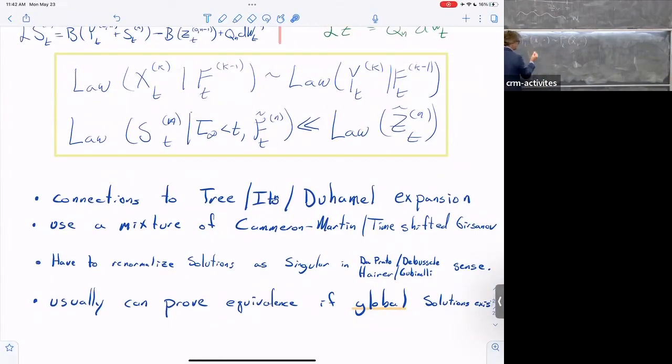I have suddenly switched to showing that the probability, starting from x, of this being in some dy is absolutely continuous with respect to the probability of this linearized process being in some dy starting from x. The point is that once you show this, you can show these two are equivalent for different x tilde.